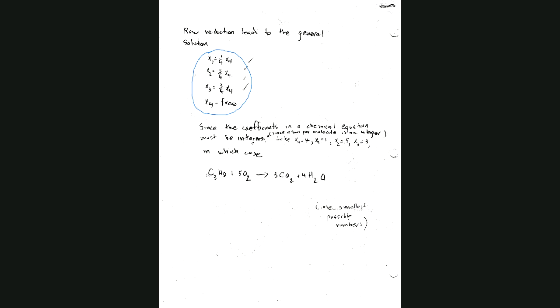So since the coefficients in a chemical reaction must be integers, since the atoms per molecule is an integer, I'm going to let x4 be 4. Now, why did I let x4 be 4?